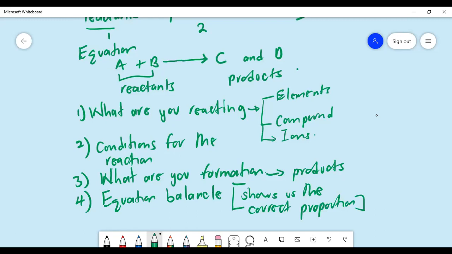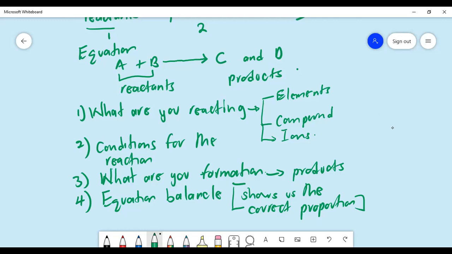When it is balanced, it shows us the correct measures that we need, either 20 grams or 60 grams, depending. That is now under the mole concept. So balancing the equation is a very key thing to note.